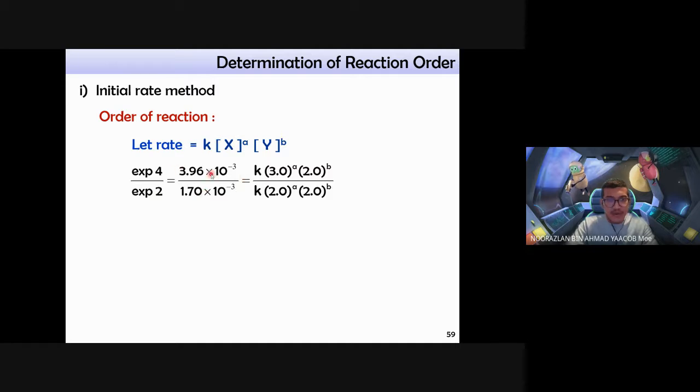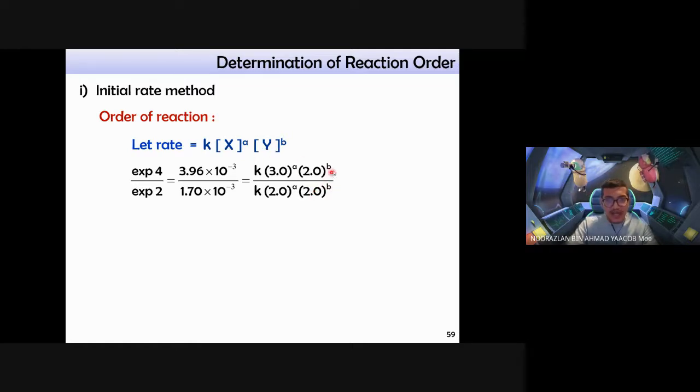And untuk experiment 4, rate law dia sama dengan k, concentration of X which is 3 to the power of a, Y which is 2 to the power of b. And then for experiment 2, 1.70 times 10 to the minus 3 sama dengan rate law dia k multiply to the concentration of X, which is 2 to the power of a, and concentration of Y, which is 2 to the power of b.